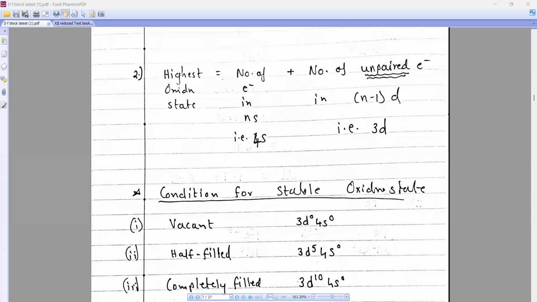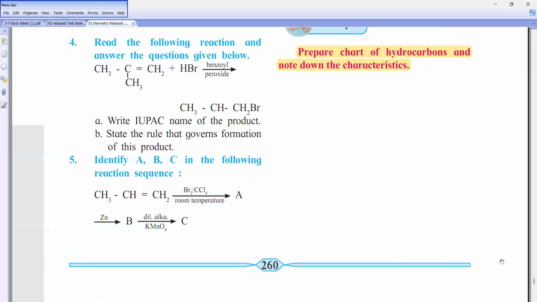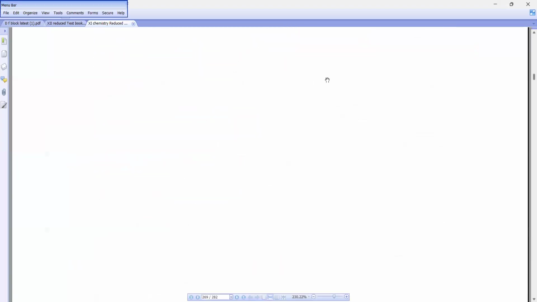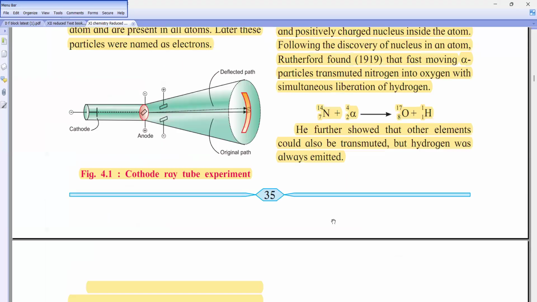And in these 5 orbitals, 3 are between the axis and 2 are along the axis. Look, beta. I'll show you here.